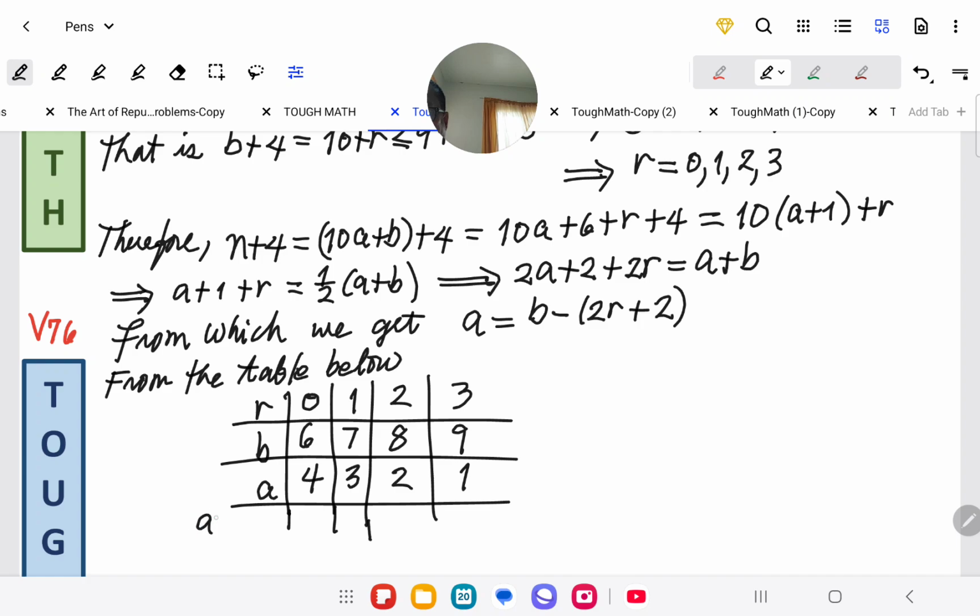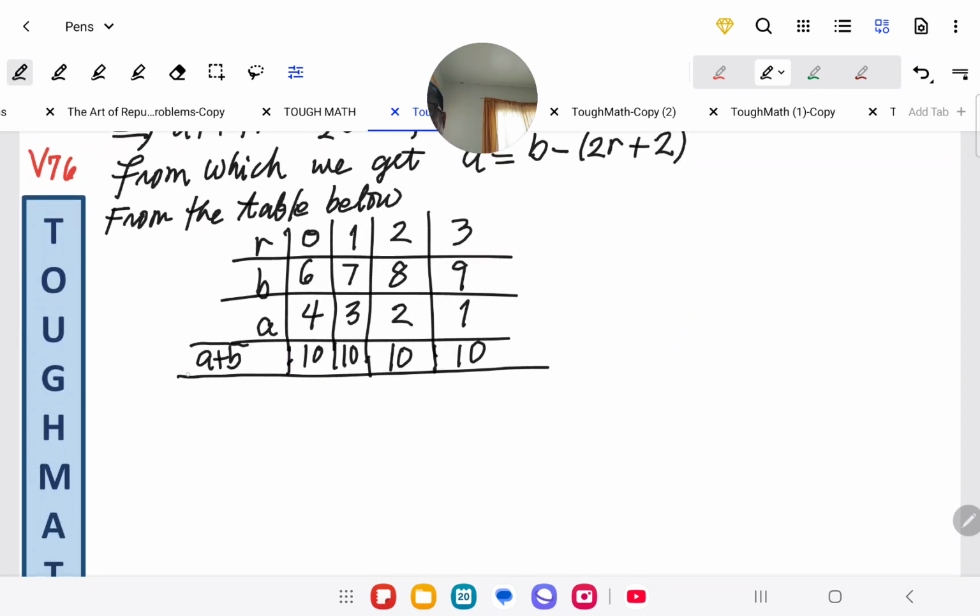So you have a plus b equal to 10 in every case, and a plus 1 plus r is half of 10, so 5, in every case.